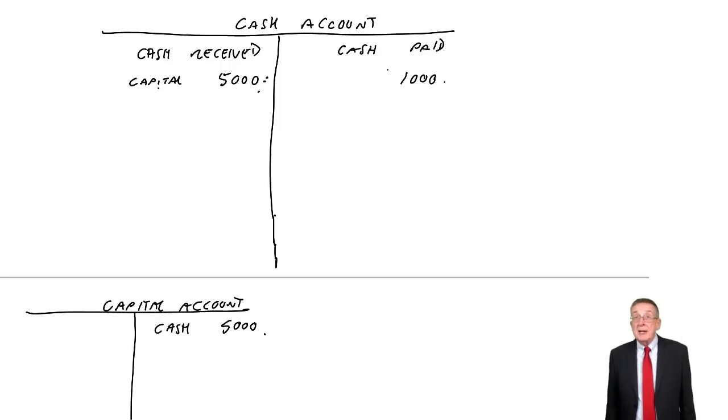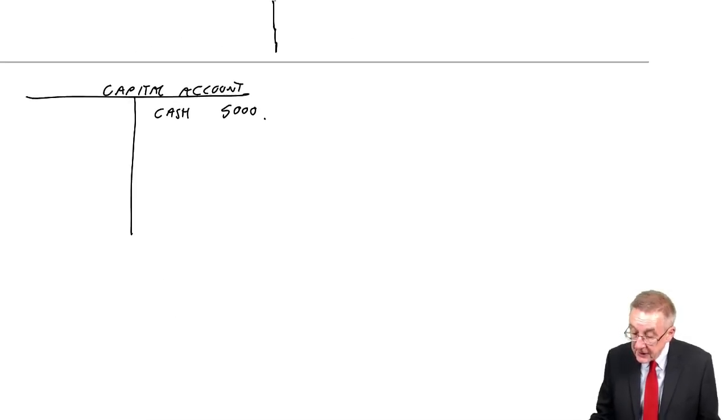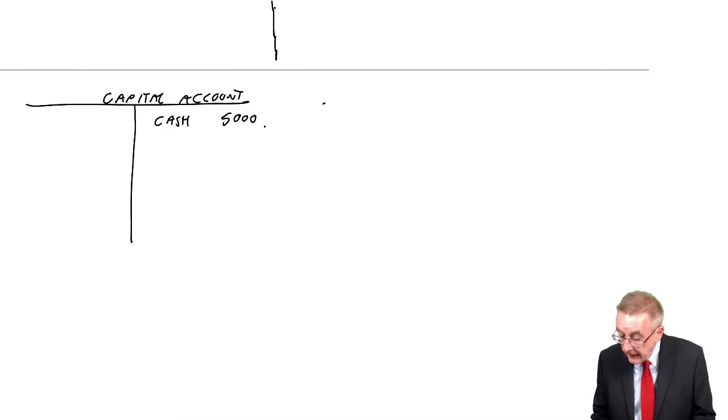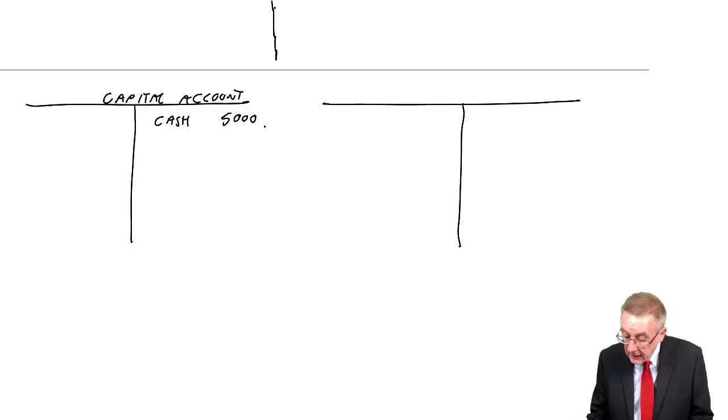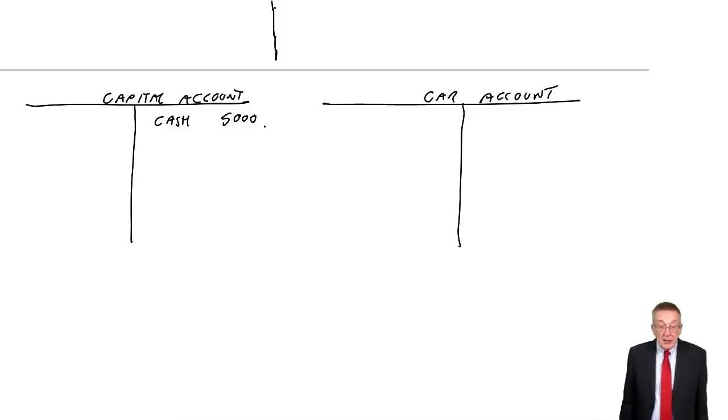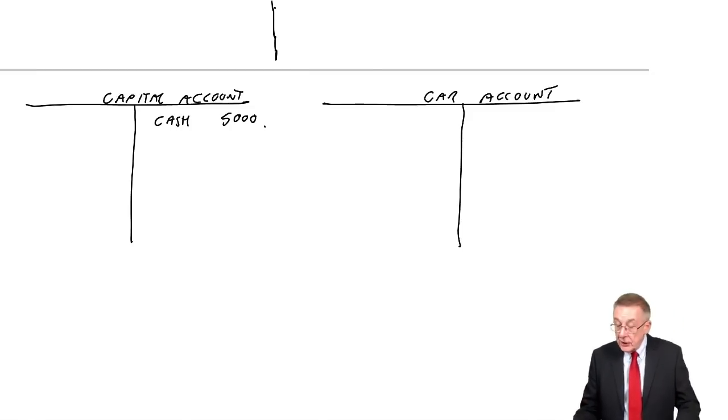So that's recorded the fact I've paid cash. The other effect, though, is we now own a car. So I need a record that we've got this asset, a car. So I'll turn to another 2 pages and head them up car account. I'll put 1,000 here to show we've got a car, but always the 2 effects are on opposite pages.